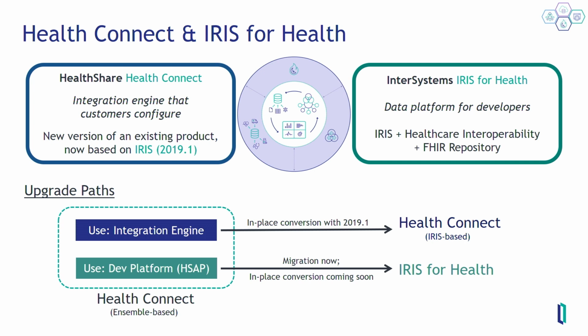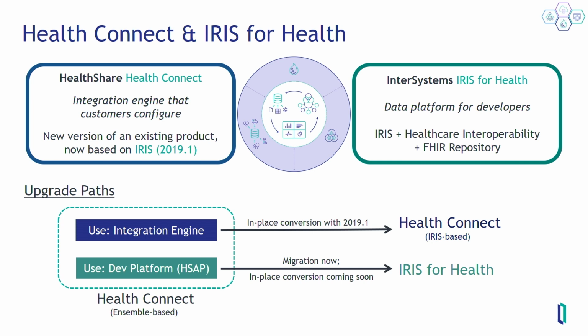As of 2019-1, it's based on the Iris data platform, as opposed to InterSystems Iris for Health, which is just like Iris, a development platform that developers use to build new solutions. Essentially, this is the Iris data platform plus different modules for healthcare interoperability, plus the FHIR resource repository. So those are the key differences between the two products.